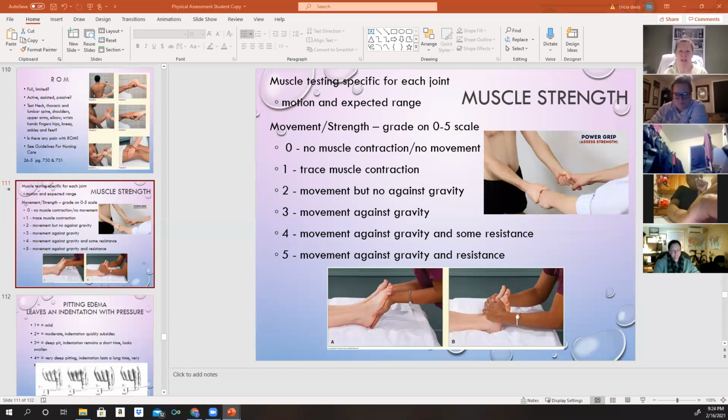If you have movement against resistance, we will ask patients to put their feet up against our hands. If we push on them and they can push back, then that is movement against resistance. If you can pull their hand up and they can hold it out, that is movement against gravity. Based upon what your patient could do, that's the correlating number that you would choose, and that's how you would document it in this system.